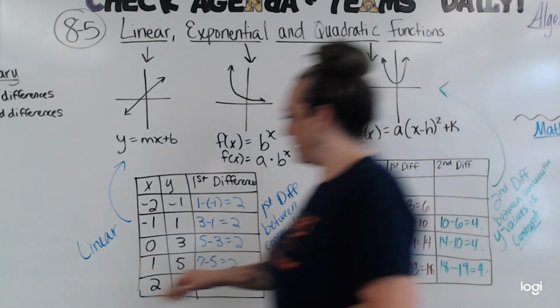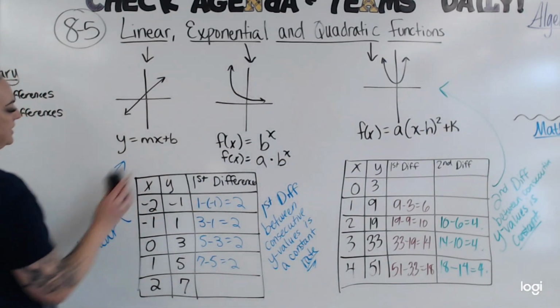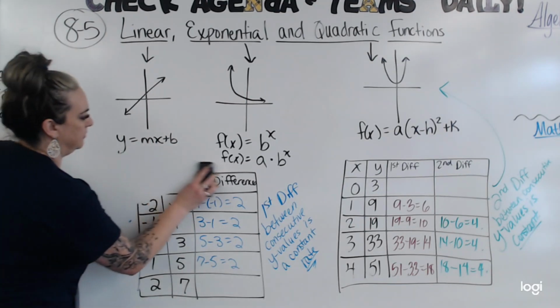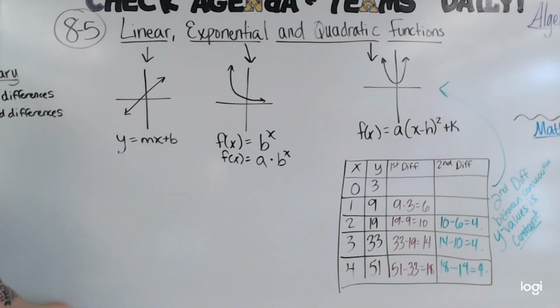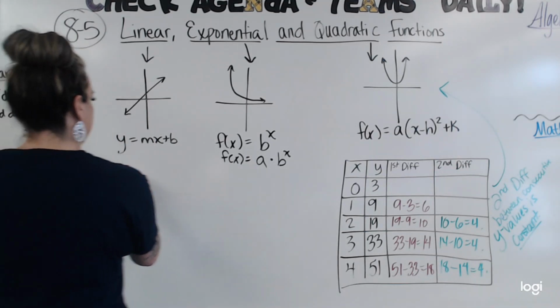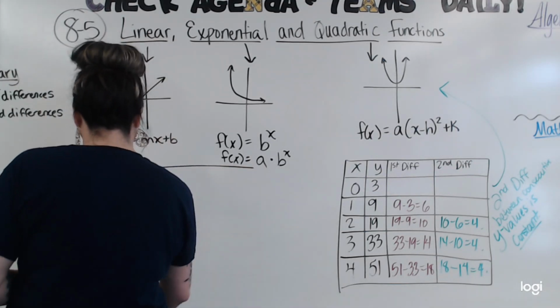Let's do one more type because we need to know what it looks like when it's an exponential. So we'll do another table.